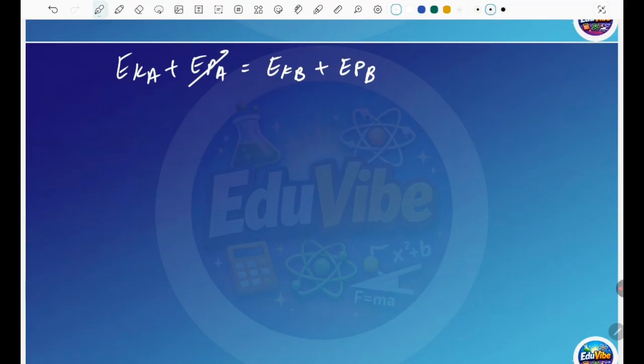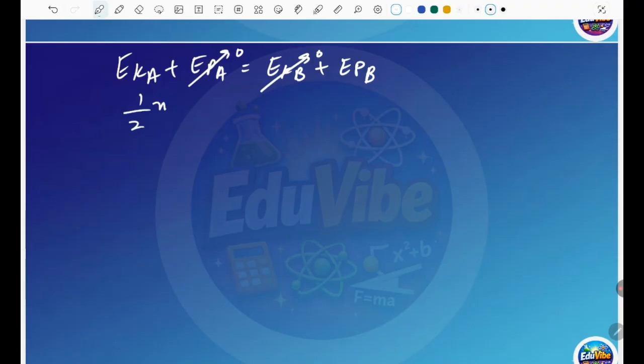EPA goes out because it is initially at rest, and after that they are both in motion. They are not telling us that they come down, only that they have reached the maximum height, and the kinetic energy at B is not given to us, so we take it as 0.